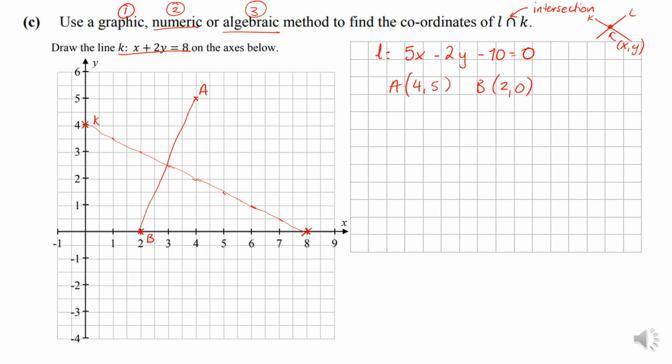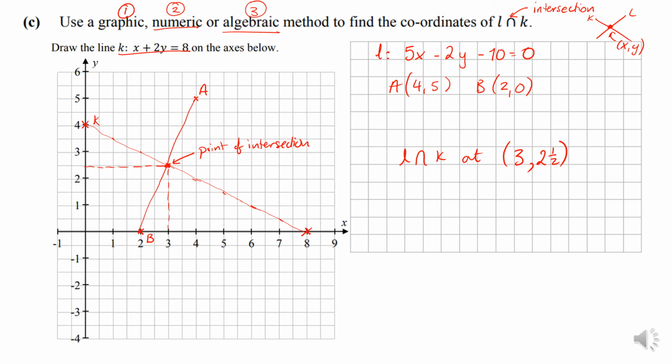Here by graphic methods I can find where my two lines cross. I'm going to say it's there, and it's called the point of intersection. And I'm going to say L intersects K at, giving the x coordinate first, which is 3, and the y coordinate second, which is 2.5, or 5 over 2.